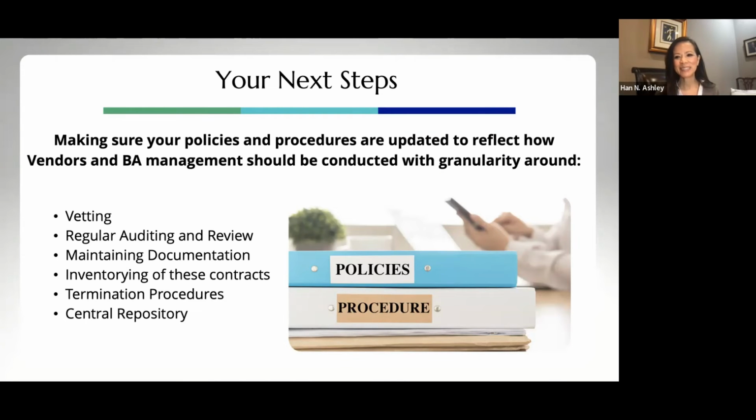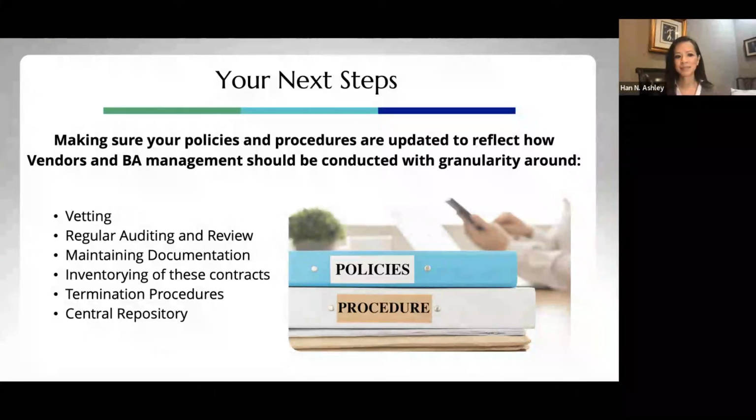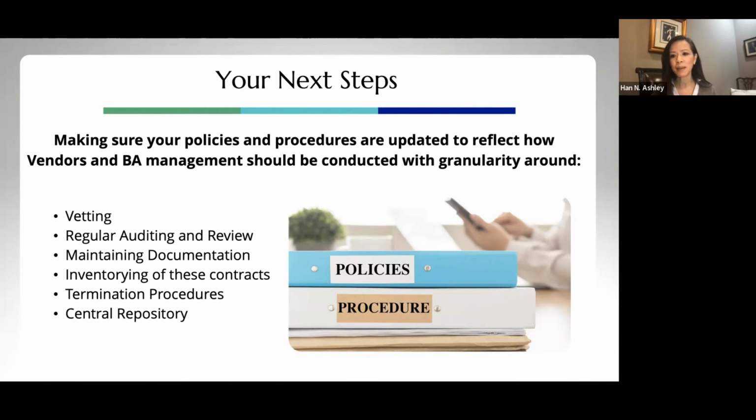Yes. So we read policies and procedures. We really do. And we like to make sure that your business associate policy and procedure is written in granularity and specificity that we understand it. And we like to see in that policy and procedure these elements here, that there's a vetting process. If there's a checklist, it's included, so we don't have to search for it anywhere.